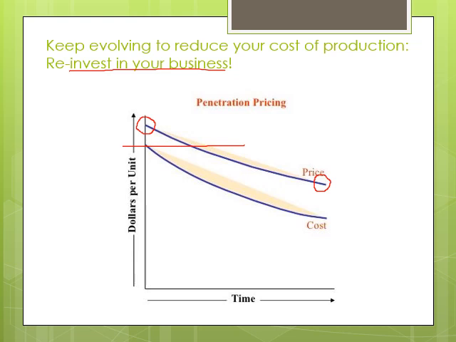If you take the money you made initially, right? So let's take these profits that you made to start off with, and you reinvest those into machinery and efficiencies to improve your productivity and lower your cost of production, you can reduce the cost of your product at the same time as your price matures.